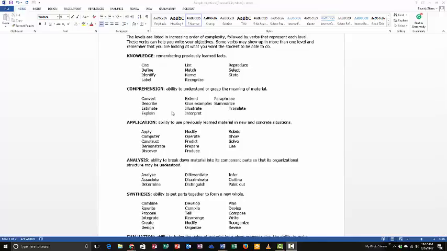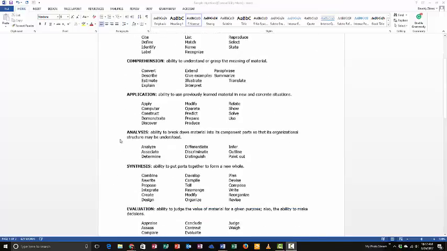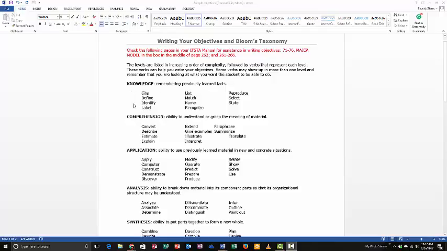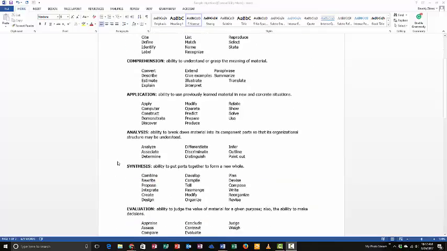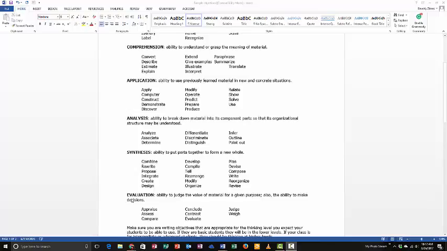They know the vocabulary, they understand what the tools are. You might have a new tool that you need to give them a little instruction on, but for the most part, they're going to be working up in here. So you can write a couple of knowledge or comprehension objectives for those classes if you need them, but make sure that most of what you're doing is up in the higher thinking levels.